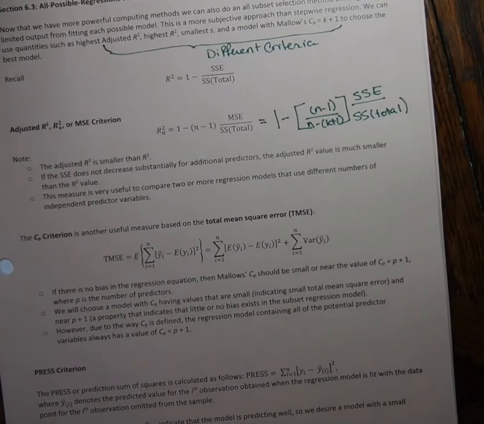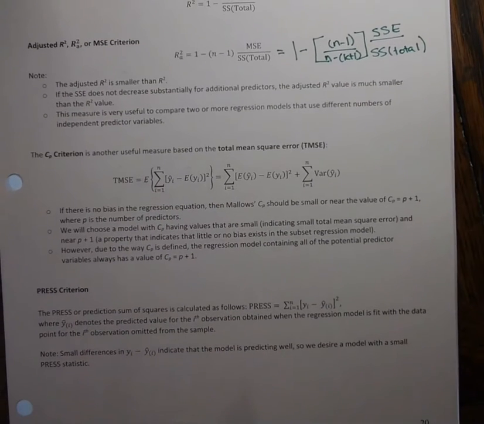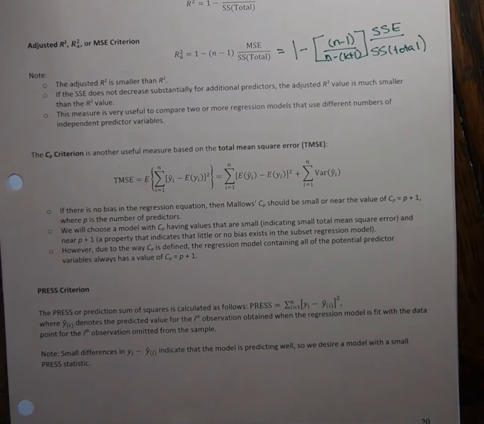Let's look a little bit at the Cp criterion. The Cp criterion is another useful measure based on the total mean squared error, abbreviated here as TMSE. We've got the formula here, so let's pull apart a couple of the different pieces to see what's going on.